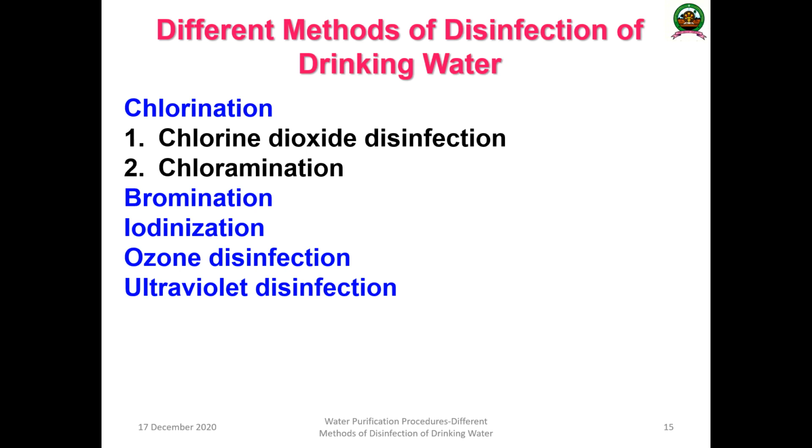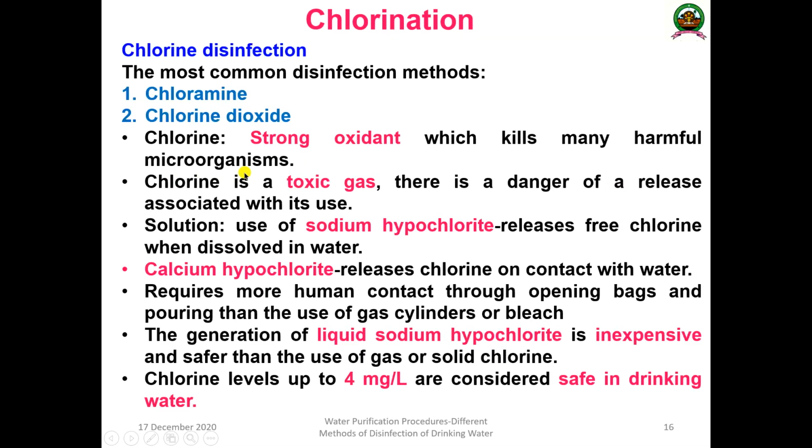The major approaches for the disinfection of drinking water are chlorination, bromination, iodination, ozone disinfection and ultraviolet disinfection. Chlorination is the primary method. There are two types: chlorine dioxide disinfection and the chloramination process. Now we are going to discuss all those things one by one.